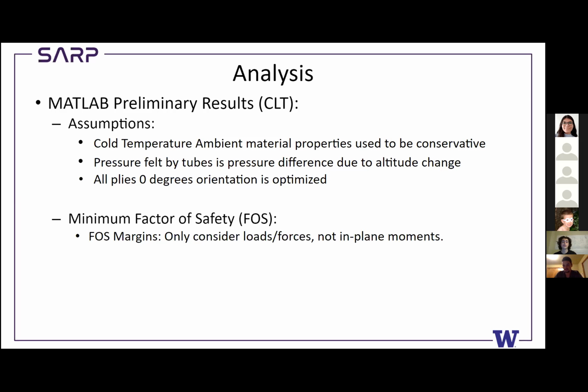Last year it was found that all plies being 0 degrees is the most optimized, but that was analyzed without considering moments. So that can be further looked into later on.